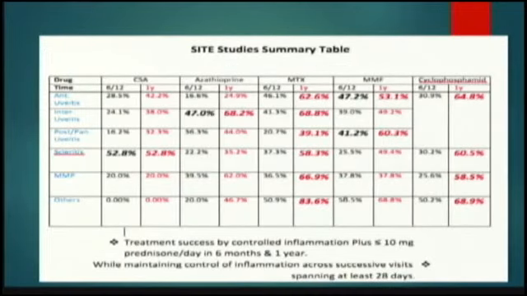Back to the treatment, I want to share with you one of the important multicenter studies, called the Systemic Immunosuppressive Therapy study, which I have put in a summary, and here we're just talking about scleritis. You can see the different modalities of treatment, looking at 1 year control.